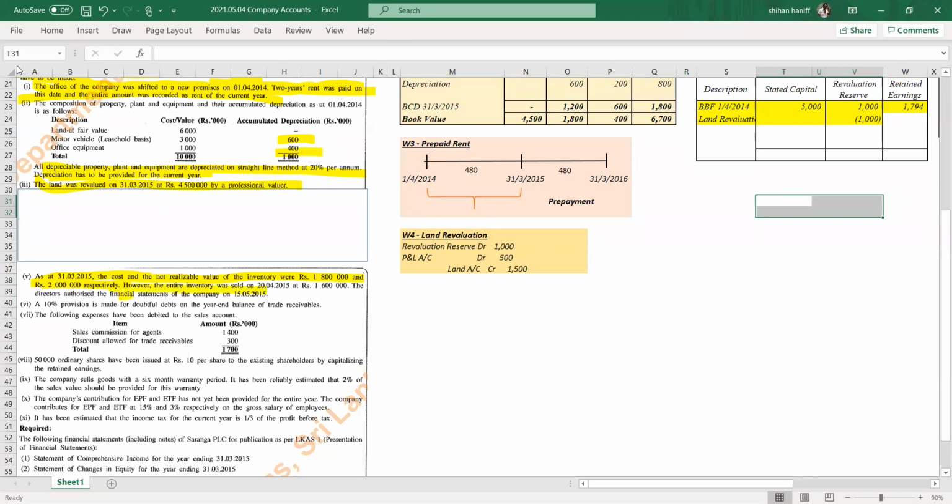However, the entire inventory was sold on 20th April 2015 at 1.6 million. The directors authorized the financial statement of the company on 15th of May 2015. So this is an event after the reporting period. Right? So we discussed events after the reporting period. Case 10.